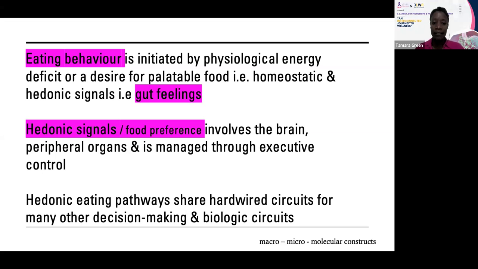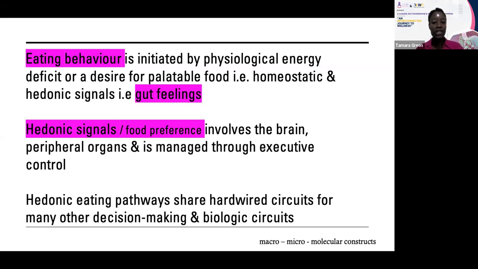Our eating behavior is either initiated by a physiological energy deficit. So you feel your sugar drop. You actually feel low. Your energy has fallen. And it's also initiated by a desire to eat something nice. And in science and medicine, we call this homeostasis and hedonic signals.